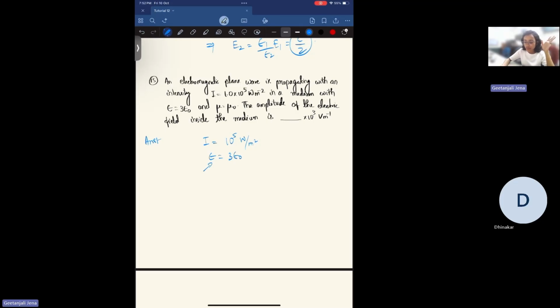It's a non-magnetic medium. The amplitude of the electric field inside the medium is. Intensity is given, so you can relate it. For a medium, don't take epsilon naught. It is epsilon, and C will be replaced by V.